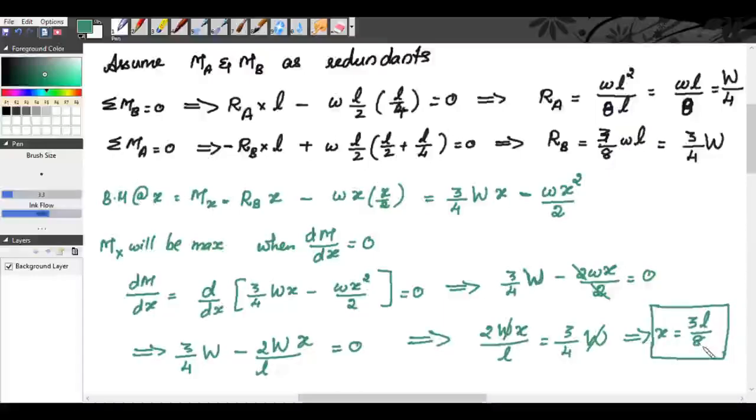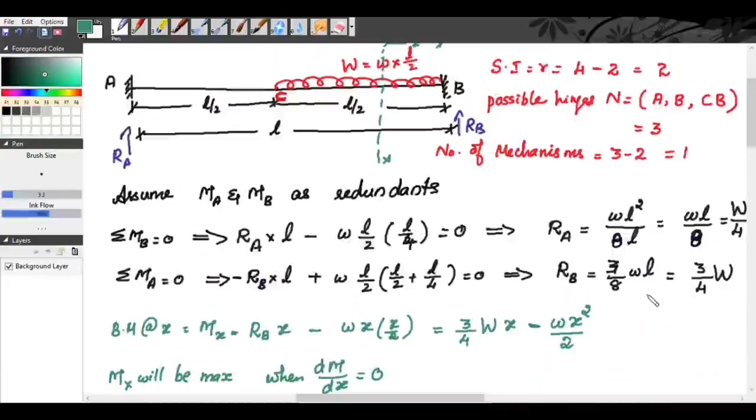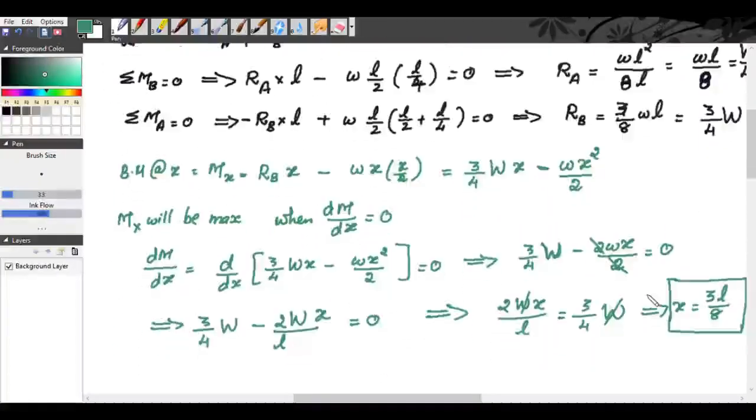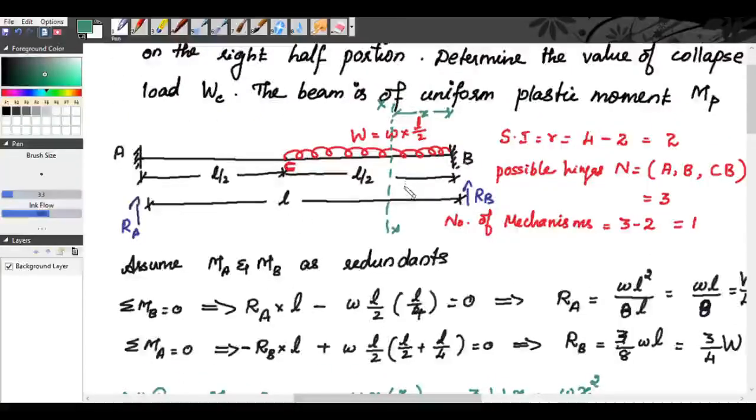So that means our maximum bending moment will occur when x is equal to 3 by 8 L.